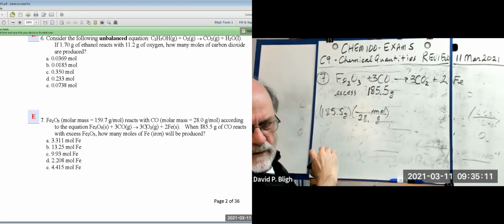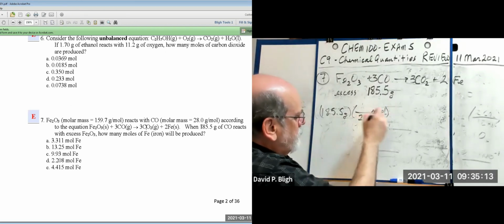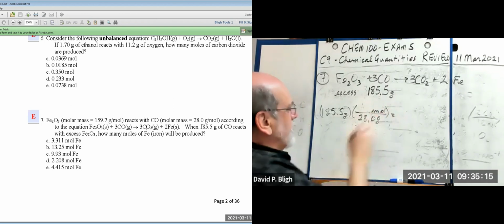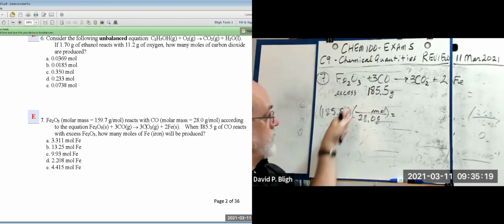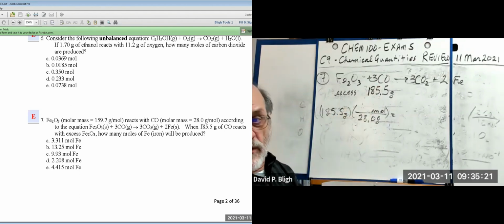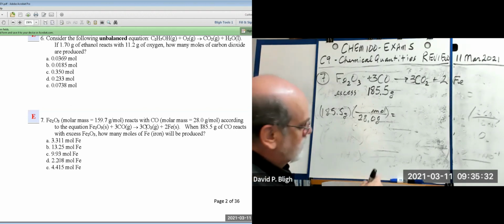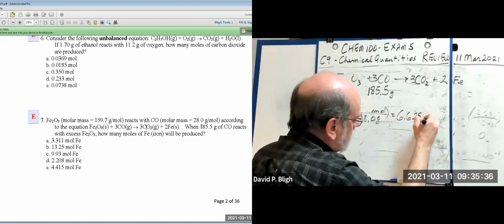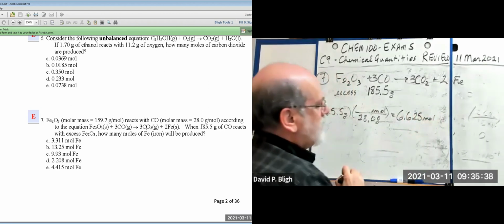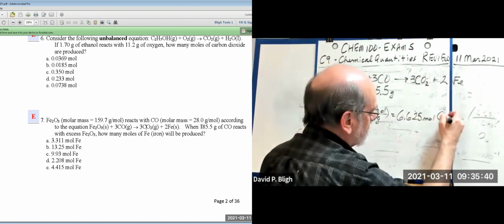Okay. So now we just divide this into that, and we find out how many moles of carbon monoxide we start with. 6.625 moles of carbon monoxide.